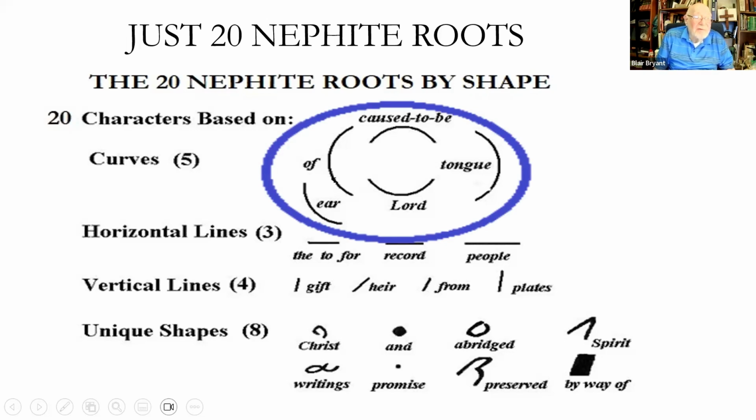There's one at the left on the west side that means of. And we have characters of this shape in there that mean of. At the top is a curved character that means cause to be. And we call that on the north side.